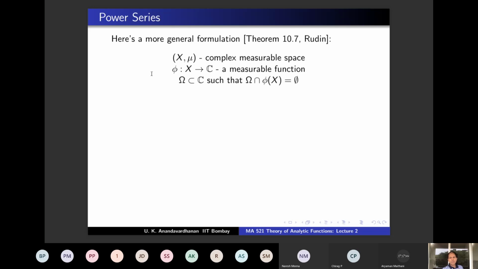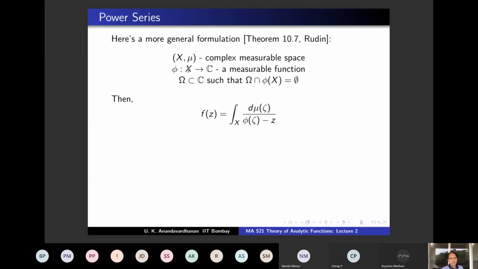If you have this much, then you take the complex function defined by f of z equal to, as I told you, X is an abstract measure space, therefore you can integrate with respect to the measure. So mu is the measure and integration is denoted by d mu. So you integrate d mu of zeta over phi of zeta minus z, right?